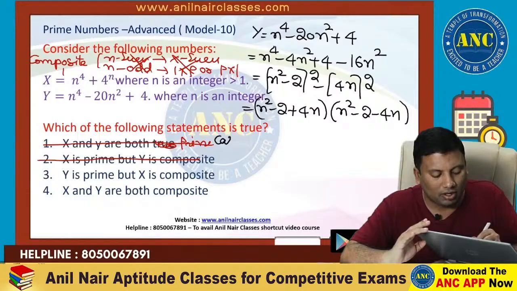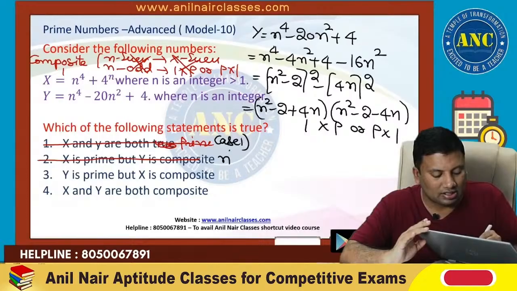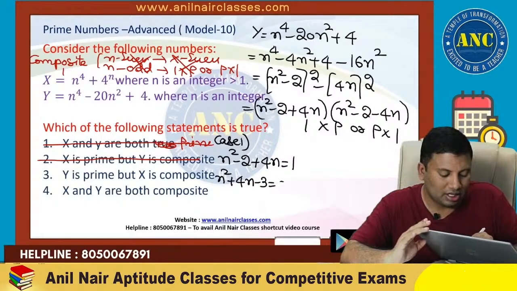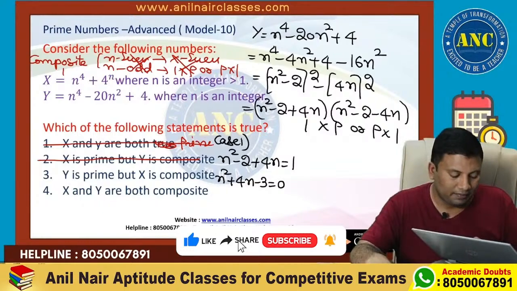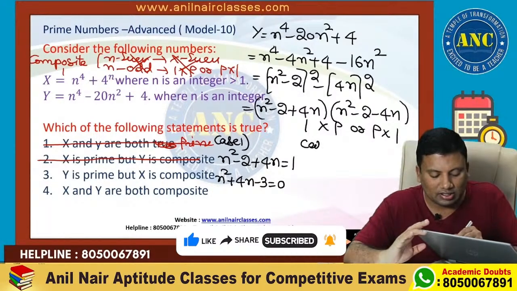Case number 1. It can be written as either 1 into p or p into 1. Two cases. N square minus 2 plus 4n equivalent to 1, so n square plus 4n minus 3 equivalent to 0. Factorize this one: the discriminant, 16 plus 12, is 28, greater than 0. Case number 2.